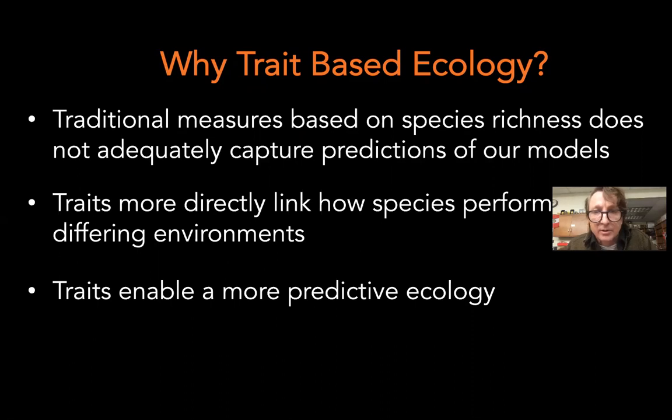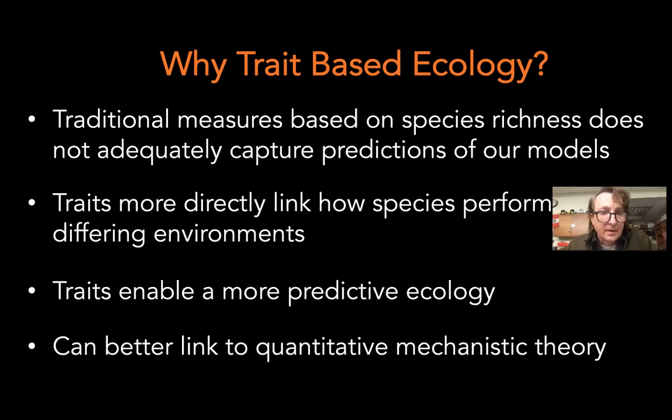In general, traits enable a more predictive ecology, and that is why we focus on trait-based ecology. Although we're not going to have a chance to talk too much about the theoretical aspects in this lecture, traits enable us to develop more quantitative and mechanistic theory, and we use that to make predictions.